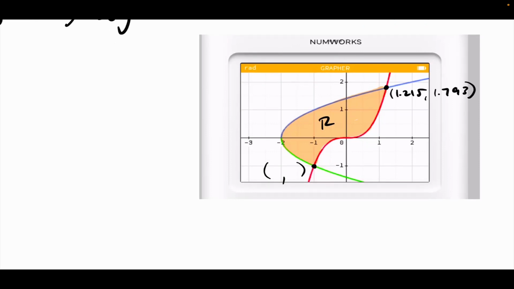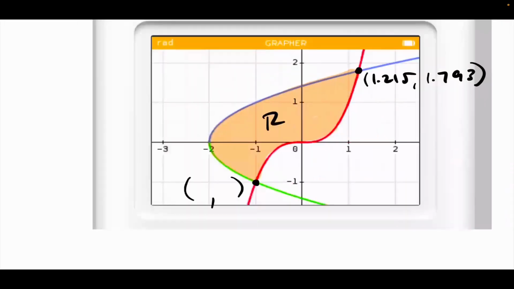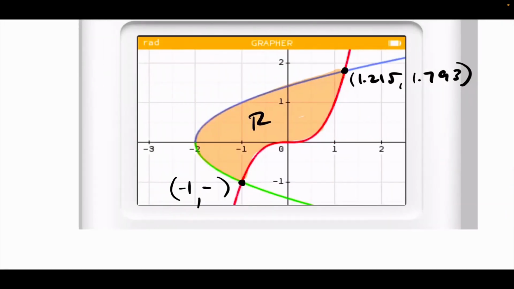And then the other one was -1, like we suspected. Since this is in terms of y, our bounds have to be y's, not x's. So the top bound is 1.793. The bottom bound is going to be -1.